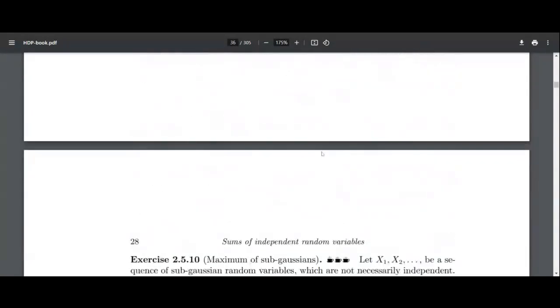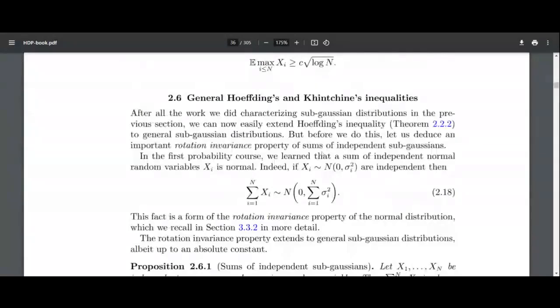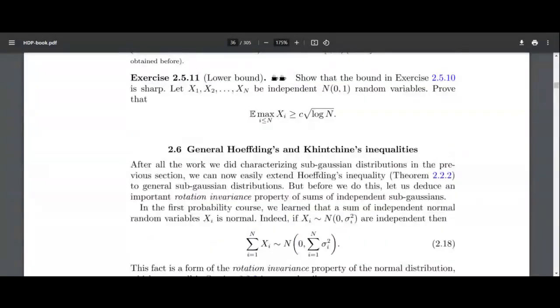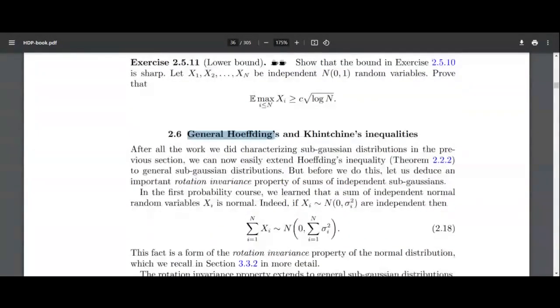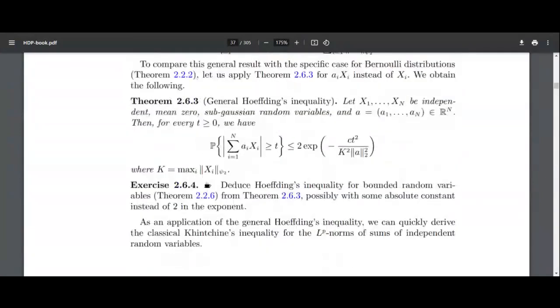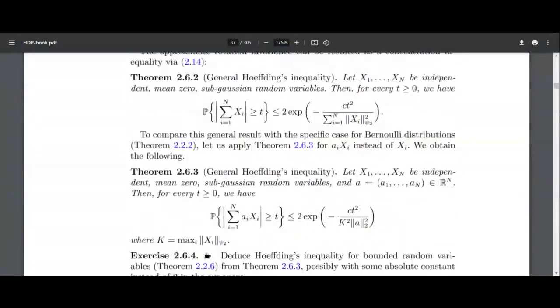And let's just keep on going. So he has some kind of inequality here, the general Hoeffding. So there's an inequality here for concentration. And as you can see, he says, let these be independent sub-Gaussian random variables.